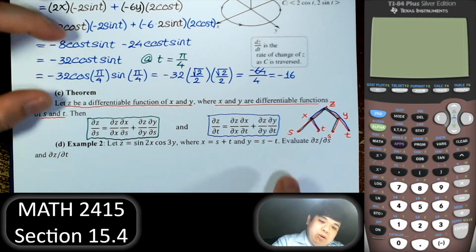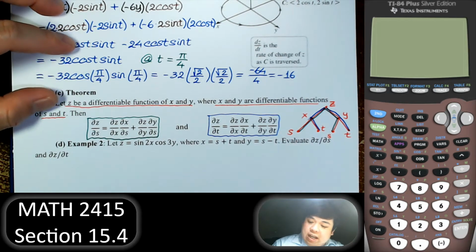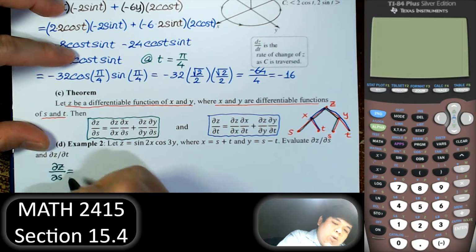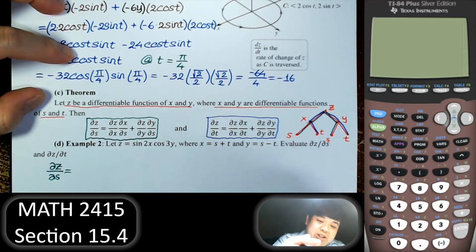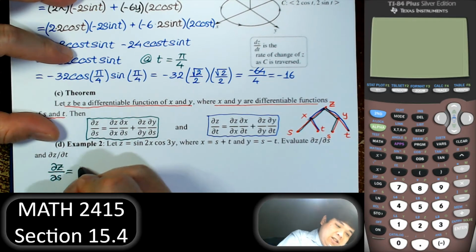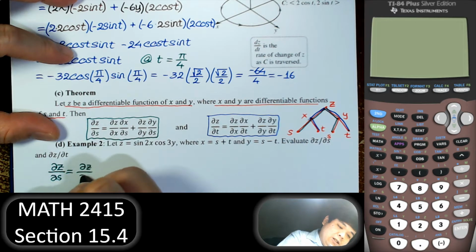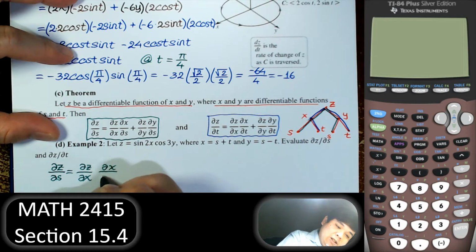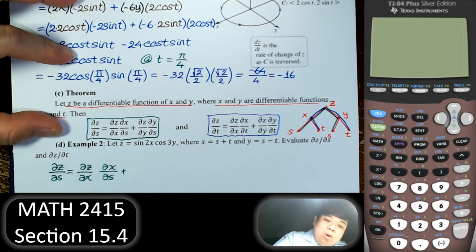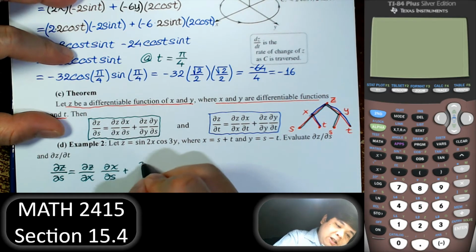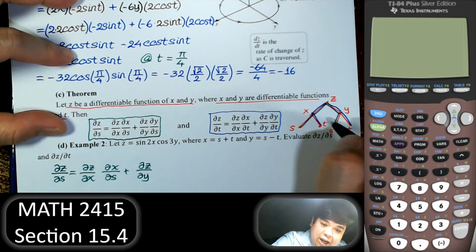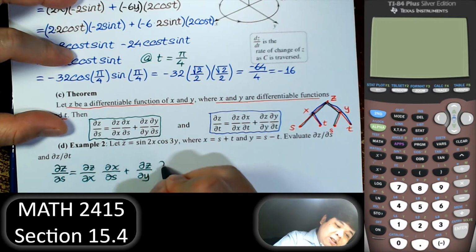Right, so the question asks, what is dz over ds? Don't even need to memorize this. We just go z to x, and then from x to s. Or we can go from z to y, and then from y to s.